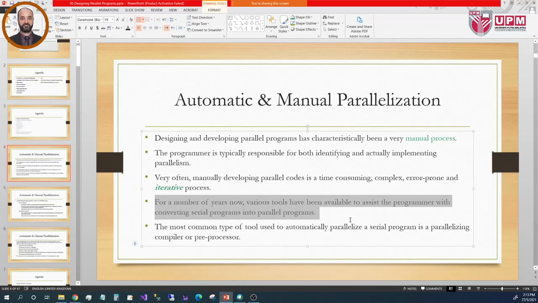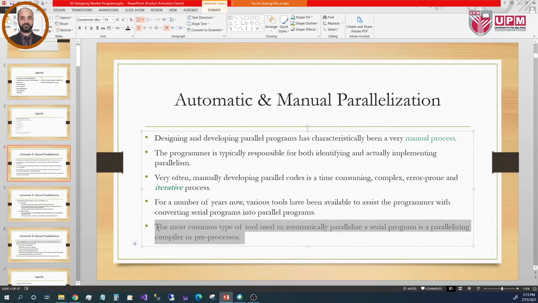The most common type of tool used to automatically parallelize a serial program is a parallelizing compiler or preprocessor. But this tool, as I said, is not perfect and does not always work as intended, but it tries its best to make the program parallel.